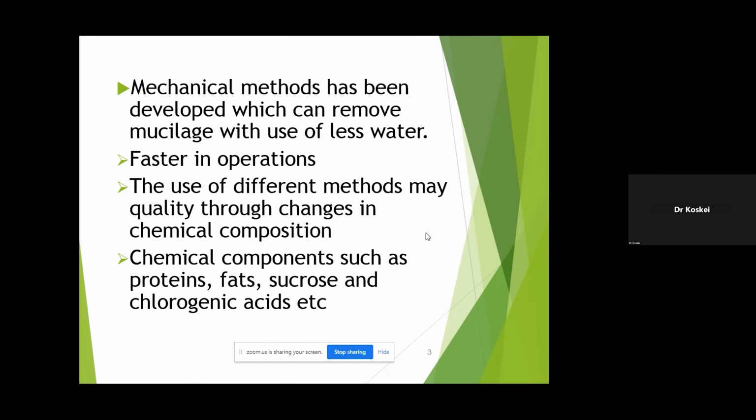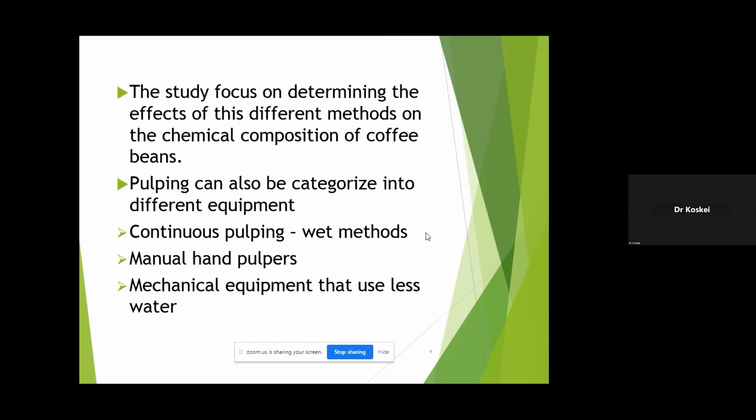affect quality through changes in chemical composition, and some of the chemical components found in coffee beans include protein, fats, sucrose, and chlorogenic acid, among others, which contribute to the quality of coffee.